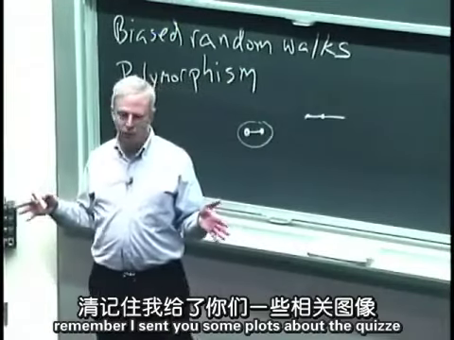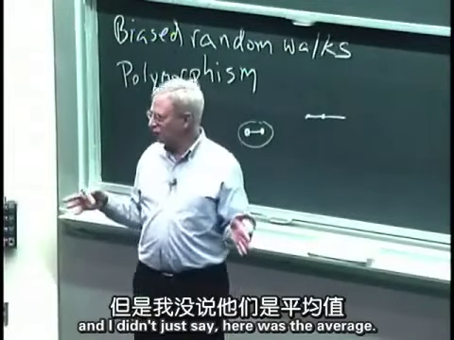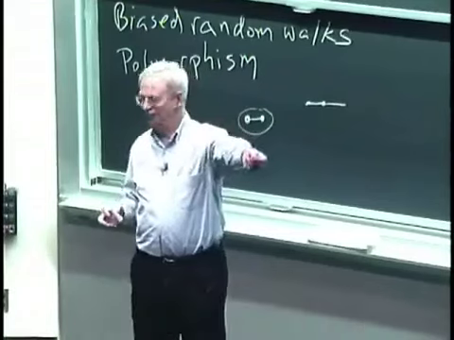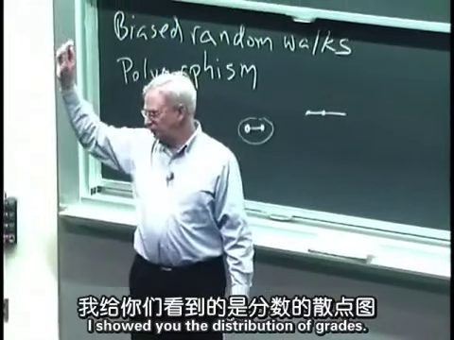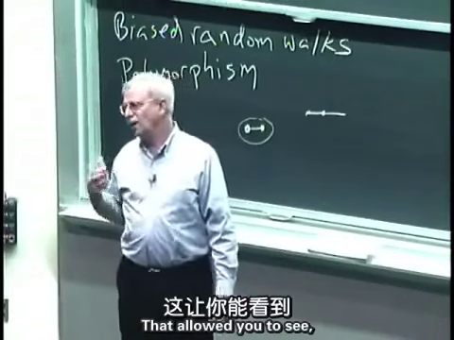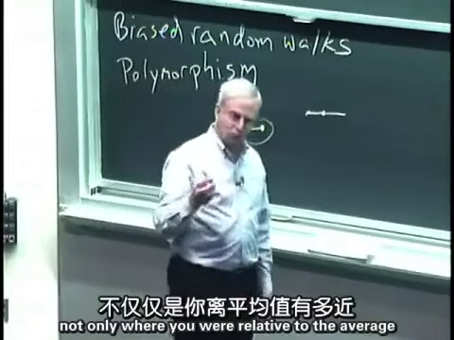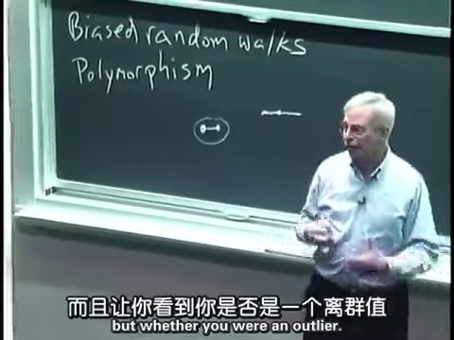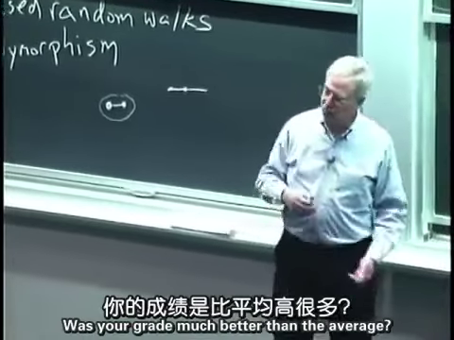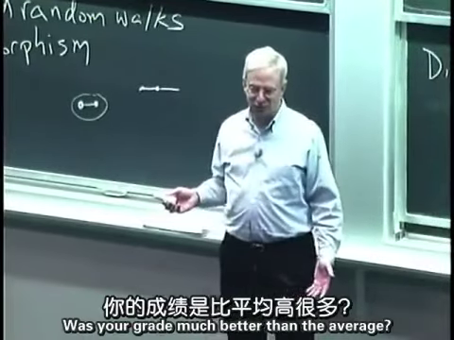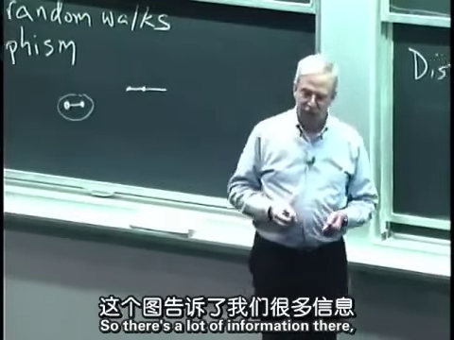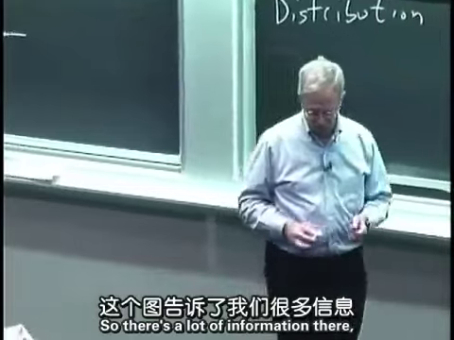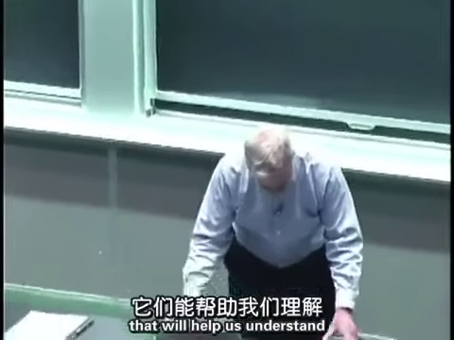Remember, I sent you some plots about the quizzes, and I didn't just say, here was the average. I showed you the distribution of grades. That allowed you to see not only where you were relative to the average, but whether you were an outlier. Was your grade much better than the average? Or were there a whole bunch of people around where you are? So there's a lot of information there that will help us understand what's really going on.